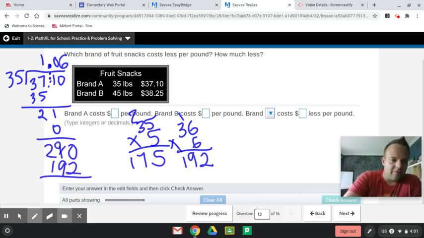Borrow. 18. I gotta do another placeholder 0. Let's see. Well, that will go in 5 times. 5 times 35 is 175.